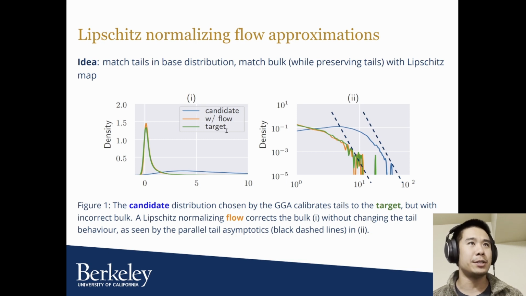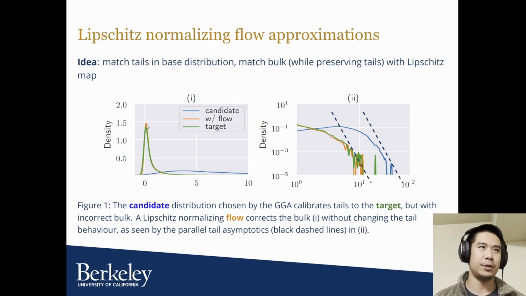We have a target distribution shown in green, and we're able to identify that this blue distribution is a candidate whose tail matches, as shown in this right figure here, where the two slopes are the same. However, at first the bulk is not well approximated, so we need to precompose a Lipschitz normalizing flow that transports the bulk, or the distribution's mass, such that after transformation, the candidate composed with the flow achieves this orange line, which is much closer.